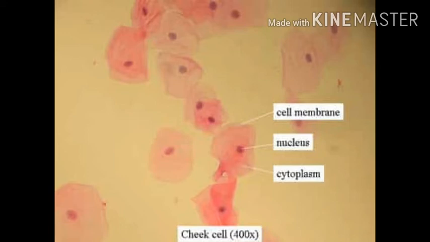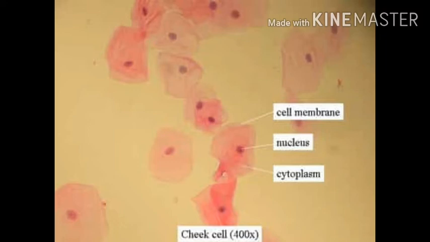This is the nucleus, and its color is a red spot, as we have done the staining and mounting. Due to the safranin stain, it looks red, so it is visible centrally and prominent. So this is the onion peel.